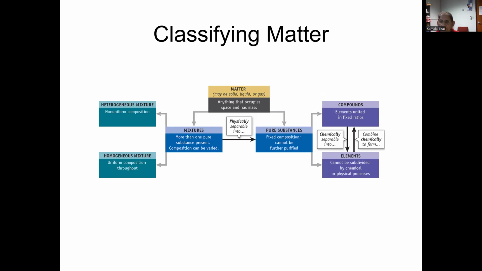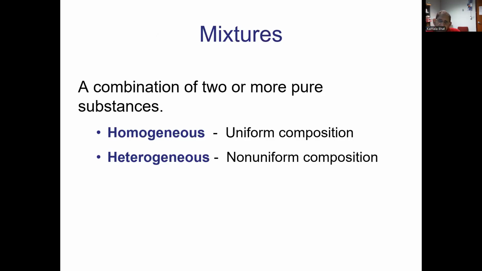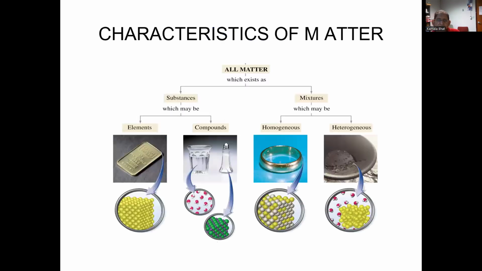Elements cannot be subdivided by any chemical or physical processes. So in general, a combination of two or more pure substances gives you a mixture. Homogeneous is uniform composition, heterogeneous is non-uniform composition.